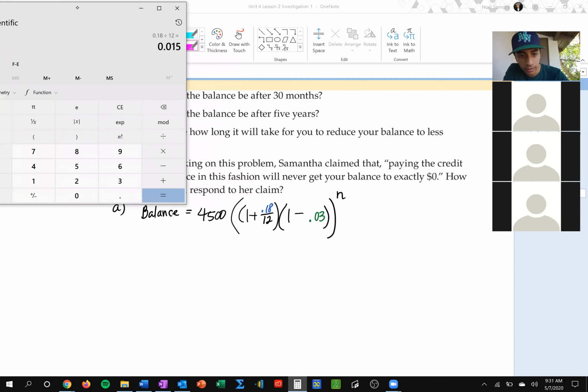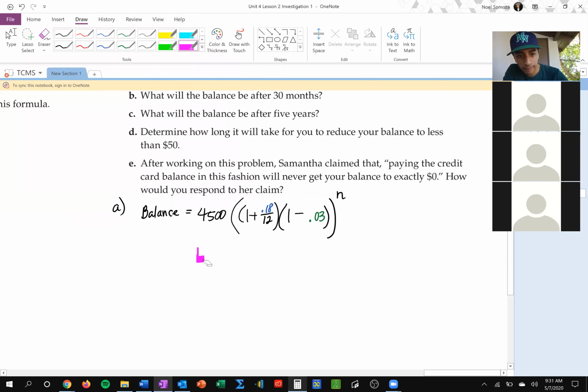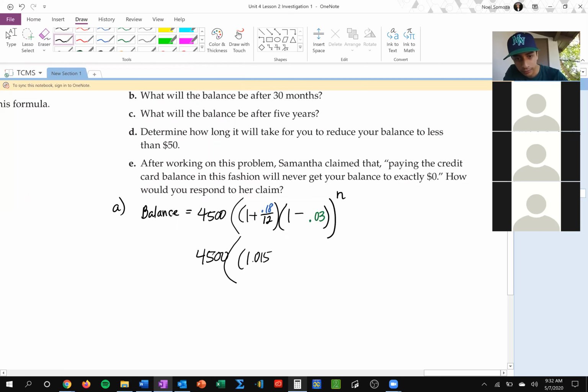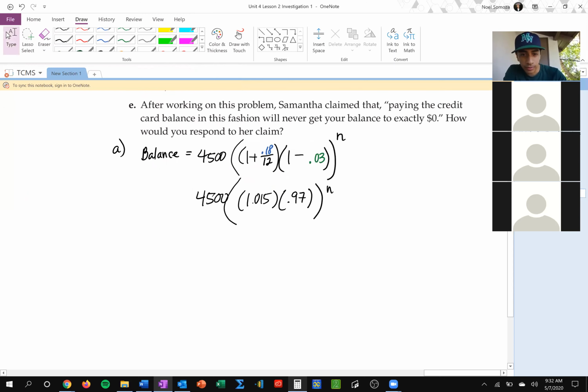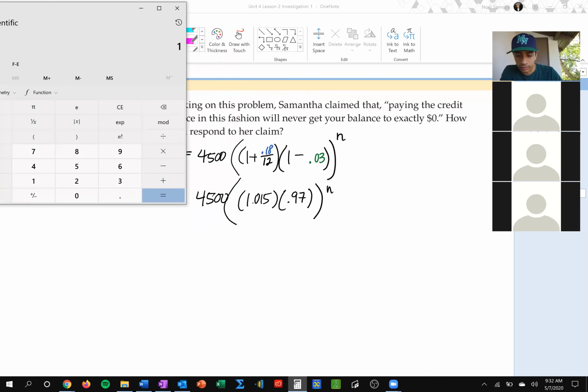So then this could become 4,500 times big parentheses 1.015, and then here this is just 0.97, all of this to the n power. Maybe if we multiply those products, we get something that's not too bad.